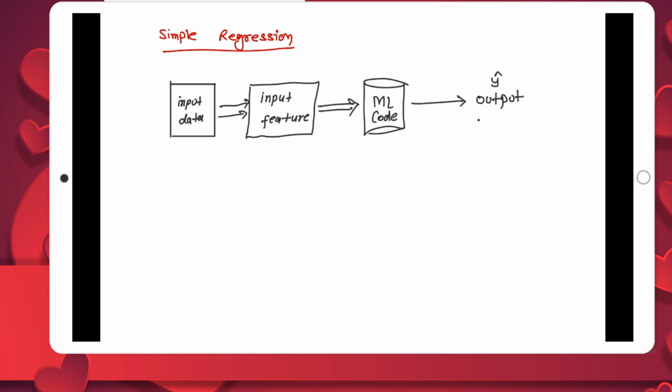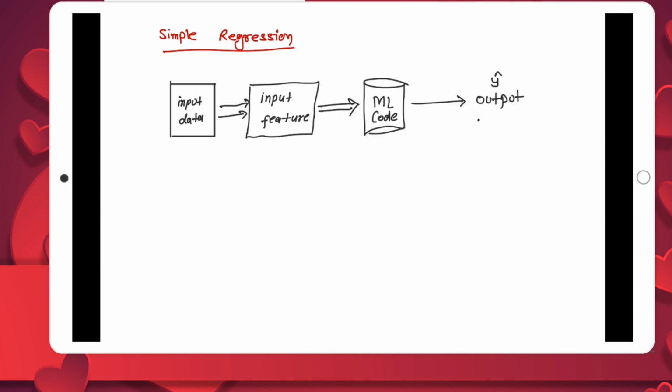This is y hat. But what do you think, is this going to work straightforwardly like this? I think it will not work, because it also needs some kind of input so that it can improve its weight.